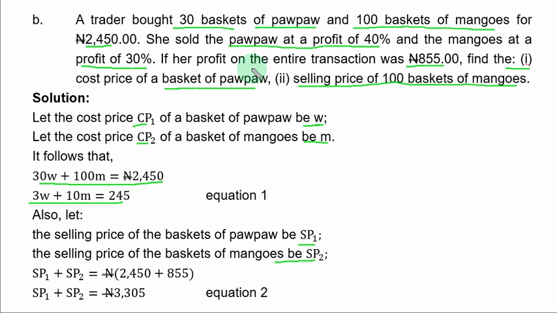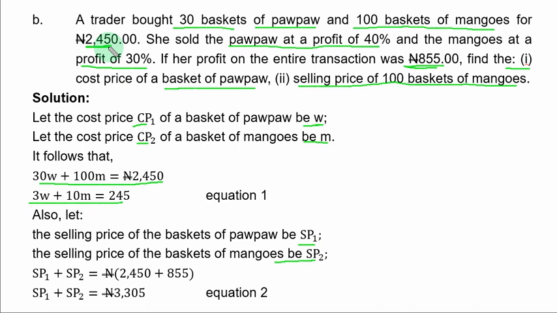After buying an item you want to sell, you add your profit to the cost price. From the question, her profit on the entire transaction is 850 and the cost price is 2,450.